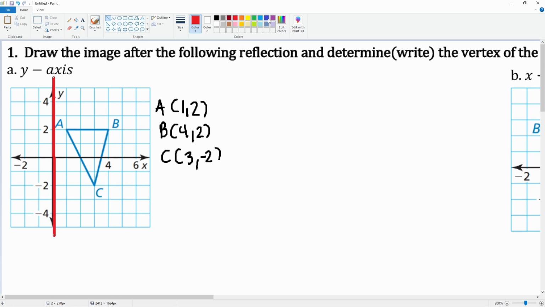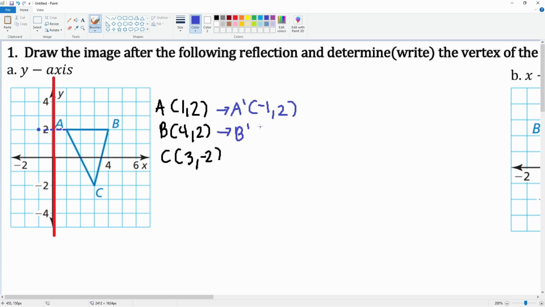So we can see that the A is going to be, let's say, right here. Okay, 1 unit away. So that is now going to be A prime is -1, 2. Notice that the x is changing side.